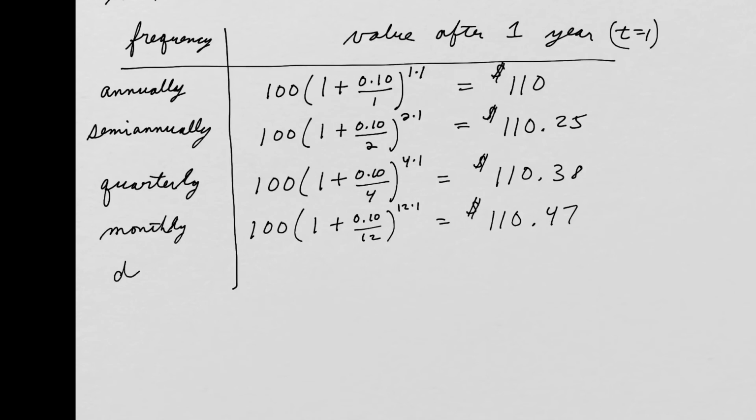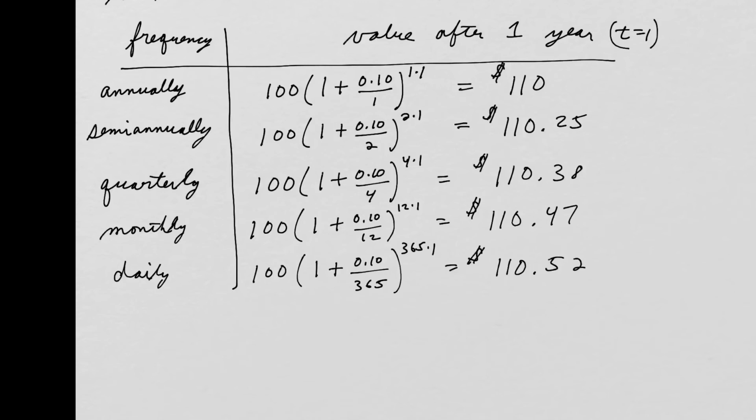Let's say you compound it daily. Well, we're going to round a little bit, right? We're going to say there's 365 days in a year. So this is 0.10 divided by 365 raised to 365 times 1. And that turns out to be, again, a little bit more, around $110.52.